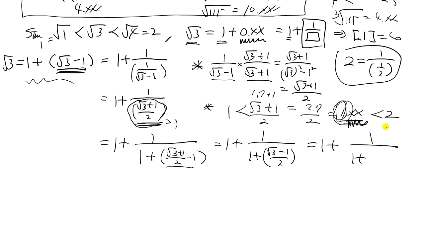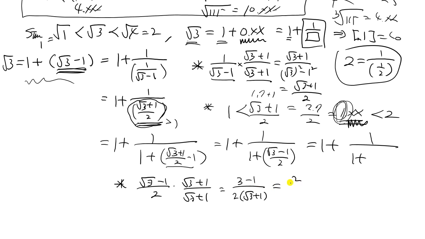But we want to really count that, right? So instead of doing that, we want to multiply square root 3 minus 1 over 2 by square root 3 plus 1 over square root 3 plus 1, right? Multiply by the conjugate. So it's 3 minus 1 over 2 times square root 3 plus 1. Then this is 2 over 2 times square root 3 plus 1.